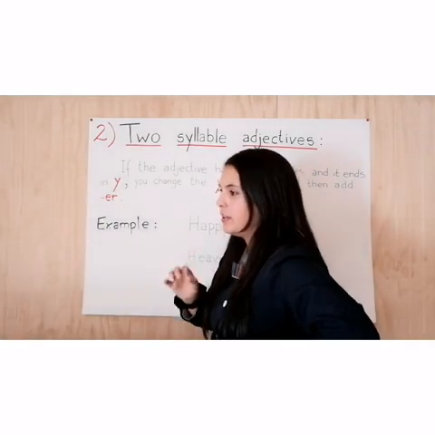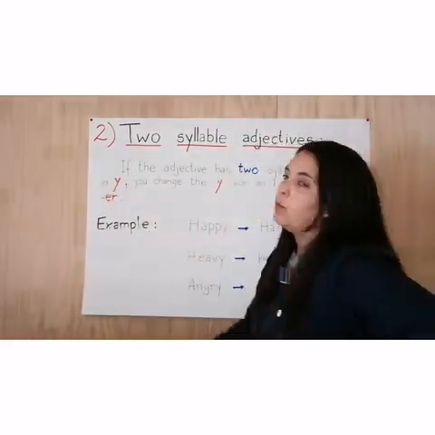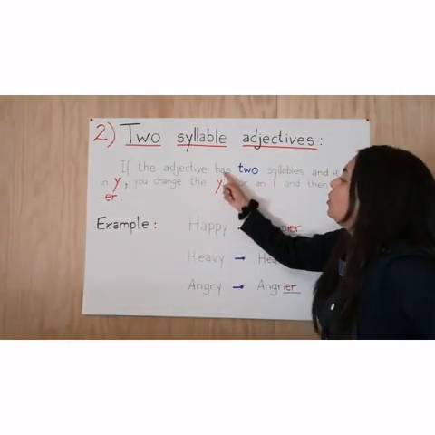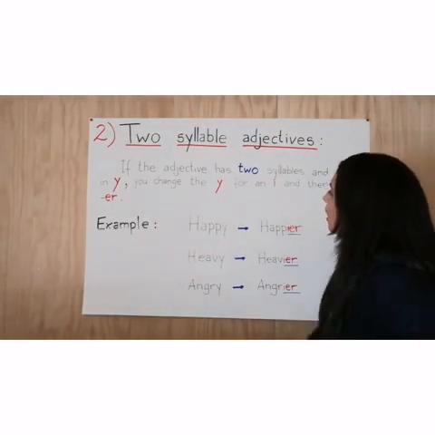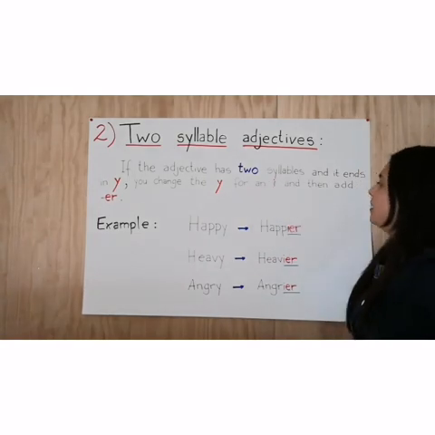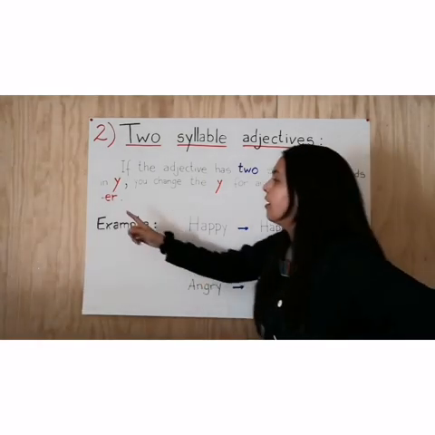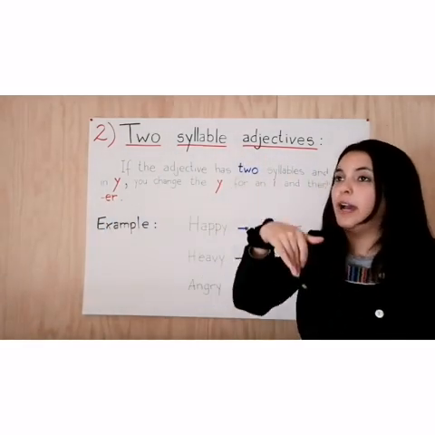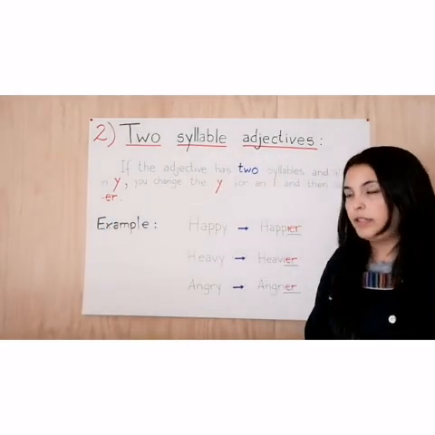It has to end in Y. The letter Y at the end, you change that Y for an I and then add er. We change the Y for an I and then we add er.